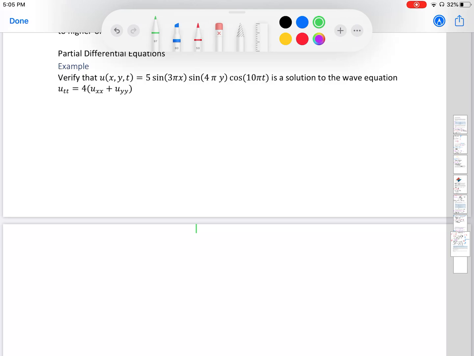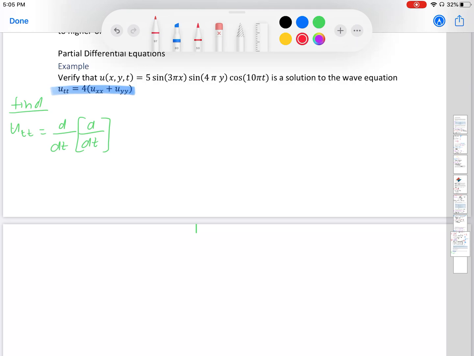Okay, so what it's asking is we want to prove this, right? So we first need to find u tt, which we know is the derivative of your function with respect to t, applied twice in terms of t.